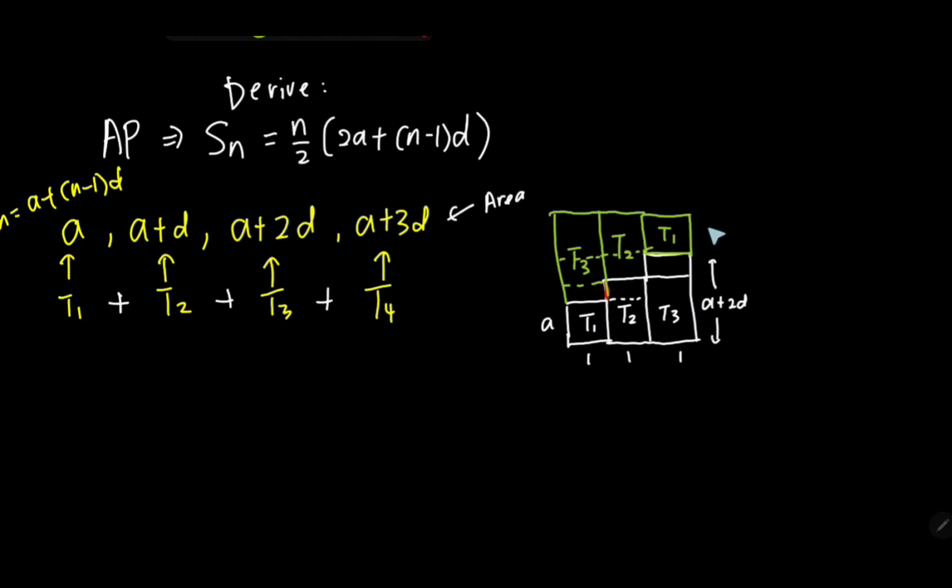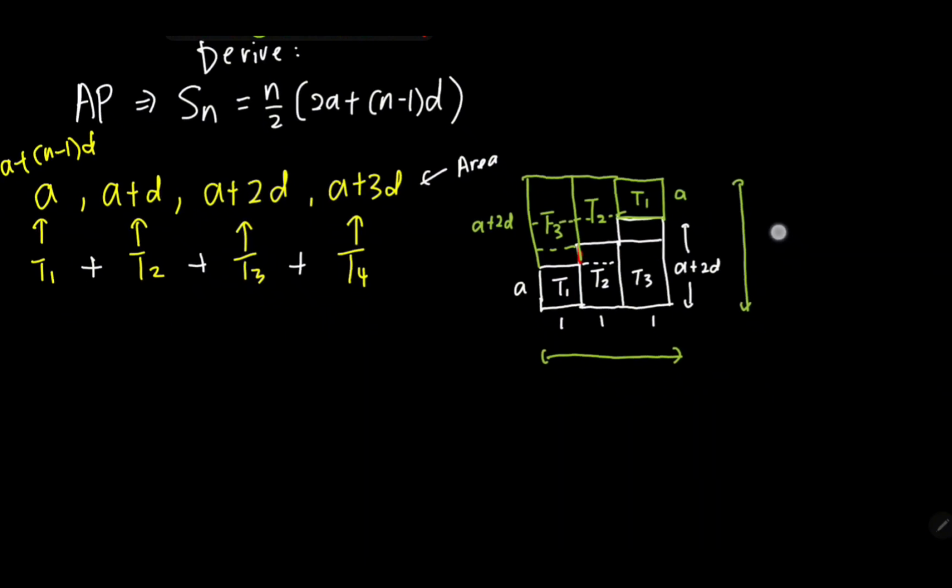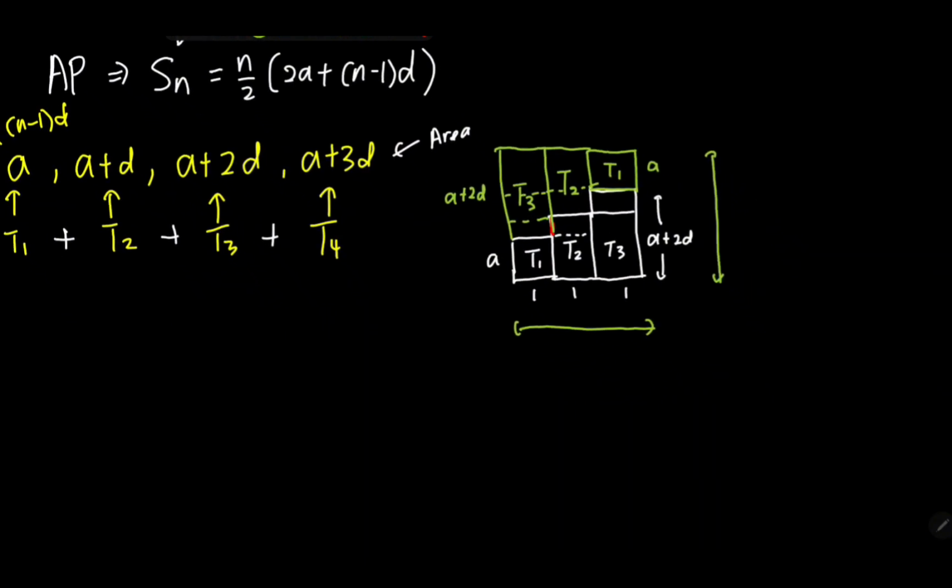That means the height here is a, right? And we know the height for the T3 is a plus 2d. Right now I want to know the height and width of the whole rectangle, because I want to find the total area. If you see carefully, the total area is actually formed by 2 T1, double of the T2, and double of the T3.